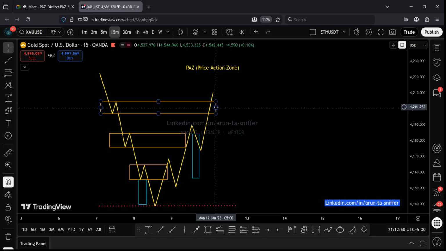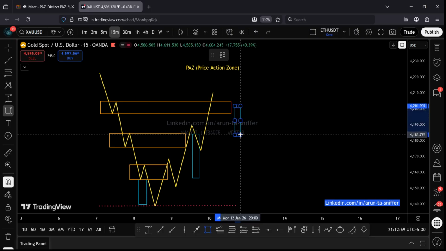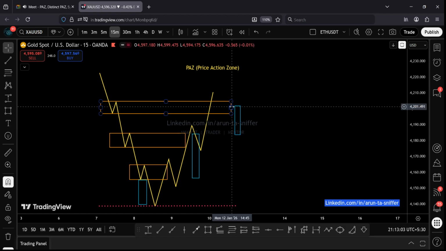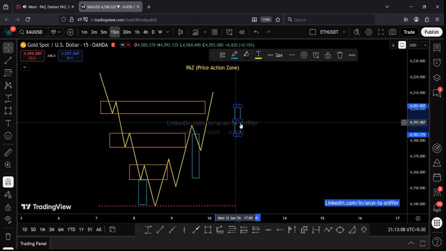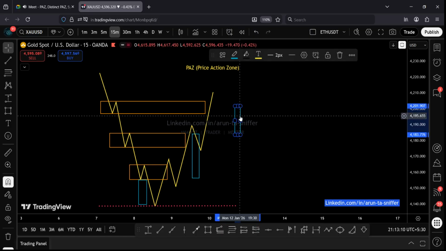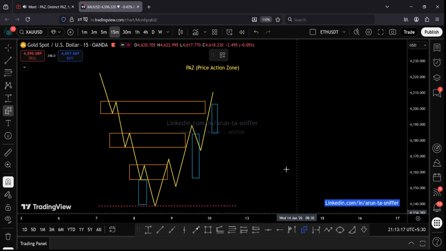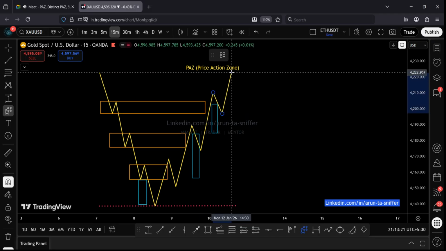Once price goes up, again we will have a price action zone here. What will price do? Price may pull back again here and then go up.